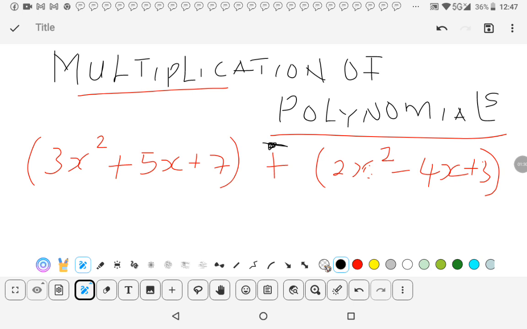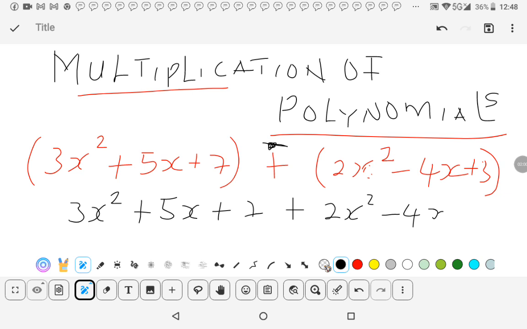You have to add these two polynomial expressions, and for you to do so, it's very simple. You have to first collect the like terms of these polynomials, like bringing them out of the bracket first. The first one, we have 3x squared plus 5x plus 7 plus 2x squared minus 4x plus 3.